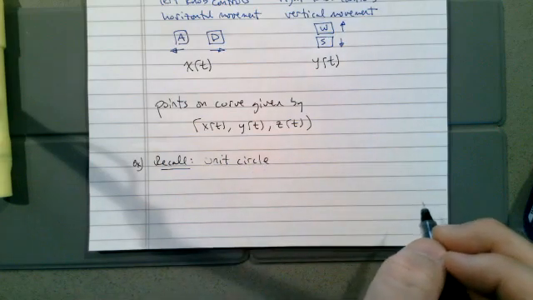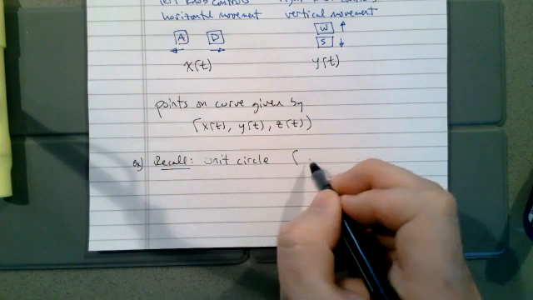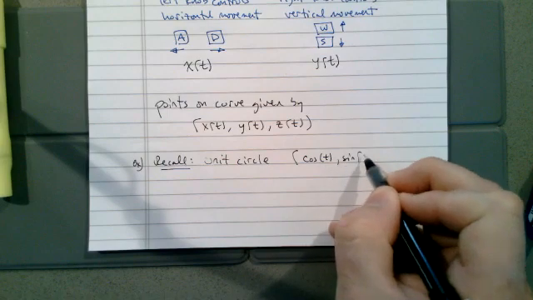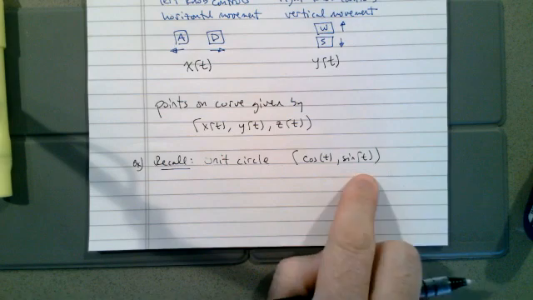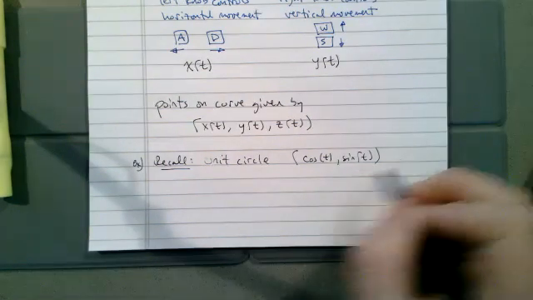The unit circle is described as cosine of t and sine of t. We're just saying x of t is cosine of t, y of t is sine of t, for t between 0 and 2 pi.